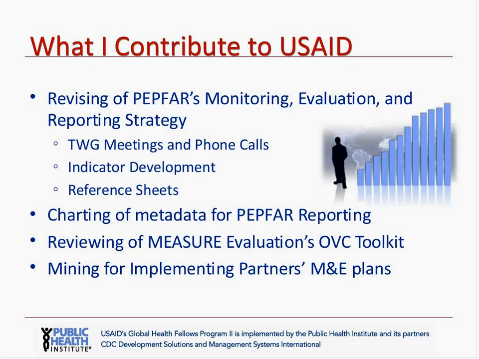And so the OVC team formed a cross-agency technical working group, a TWG, with individuals from CDC, Peace Corps, the Office of the Global AIDS Commissioner, and USAID. And we set out to revise the strategy for M&E and global reporting.